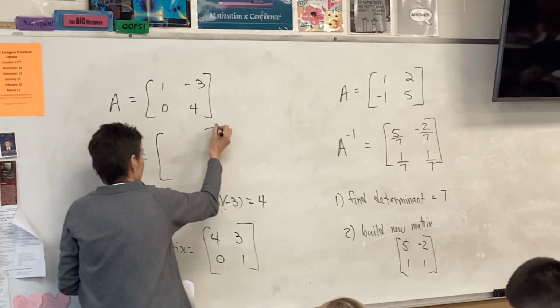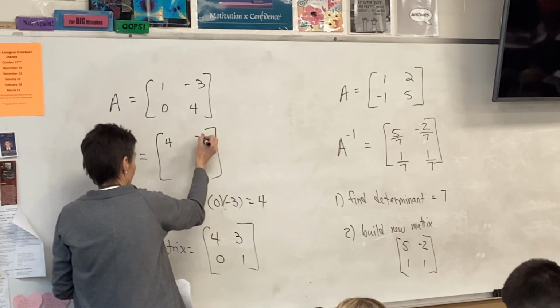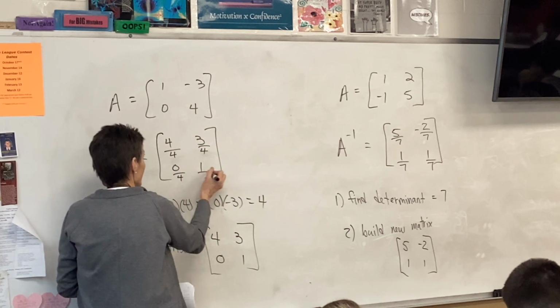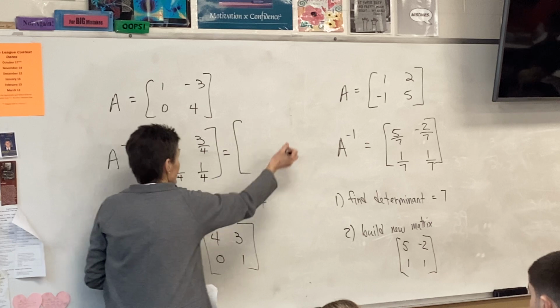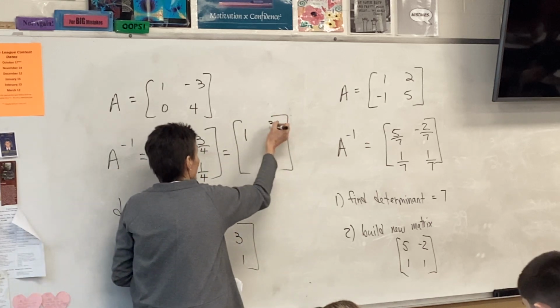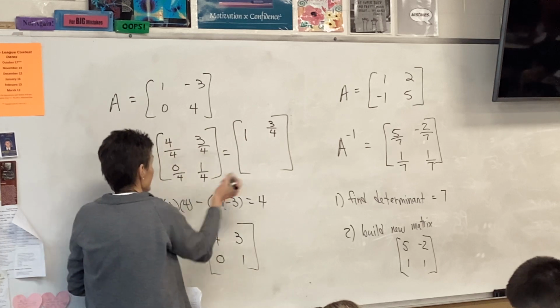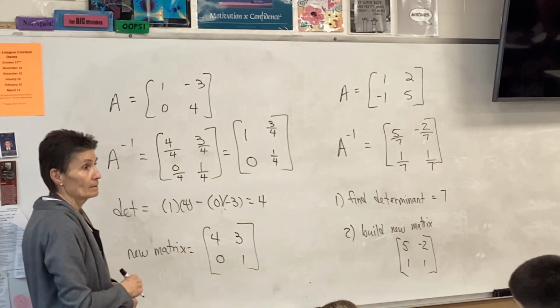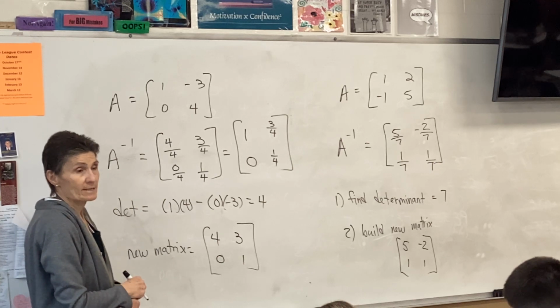And then I take that new matrix, and each of them gets divided by 4. So in this case, I can clean it up. That would be 1 and 3/4, and 0 and 1/4. And that's the inverse.